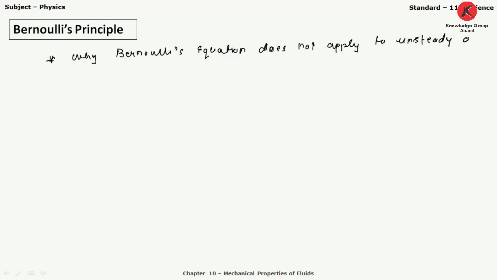Now, why does Bernoulli's equation not apply to unsteady or turbulent flow?